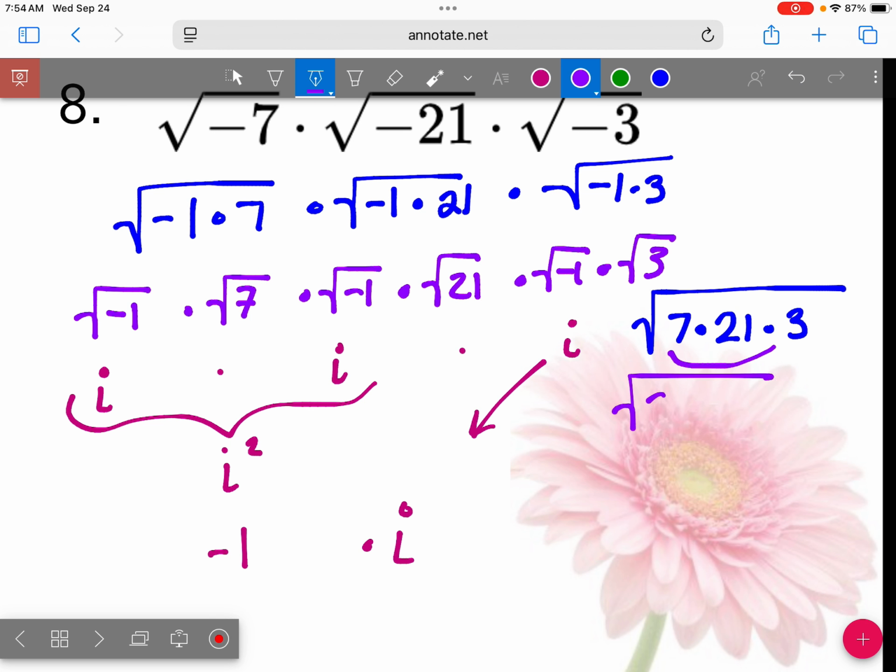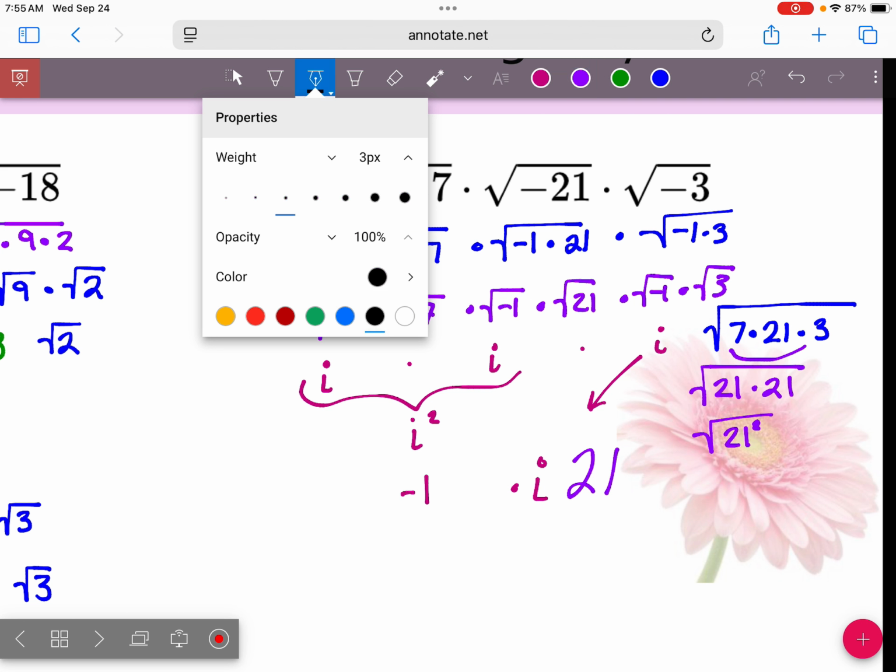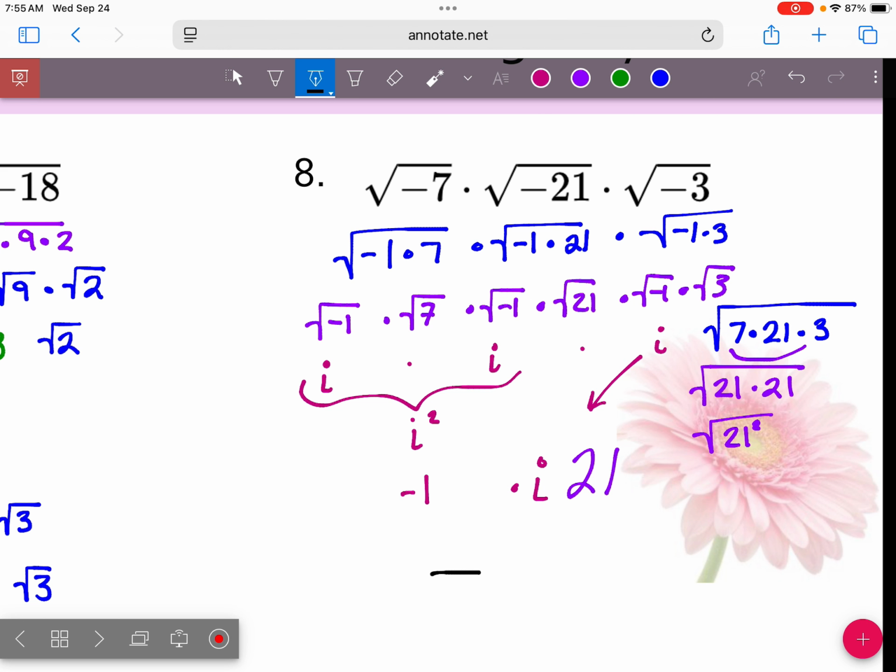So this is the same thing as 21 times 21, also known as 21 squared. So what is the square root of 21 squared? 21. Even if we don't know the exact number, it would be 441, which is a big one, but that is another perfect square. So our final answer on this one is negative 21i.